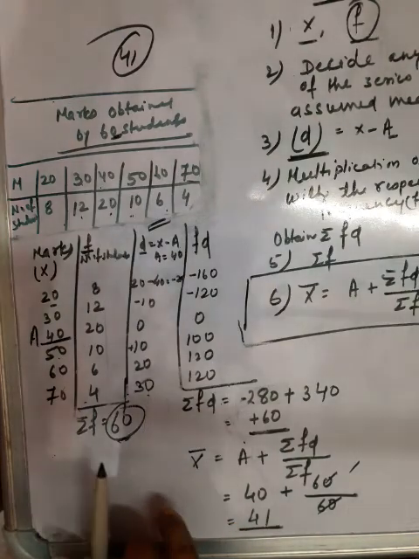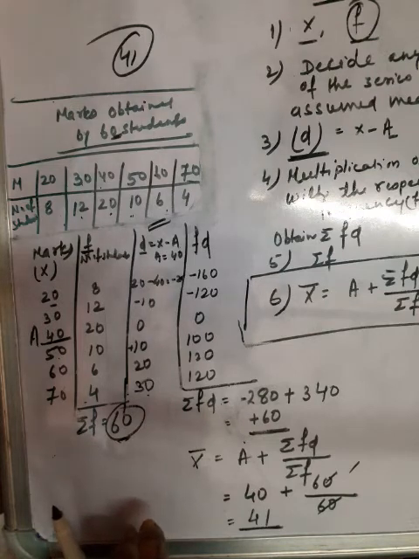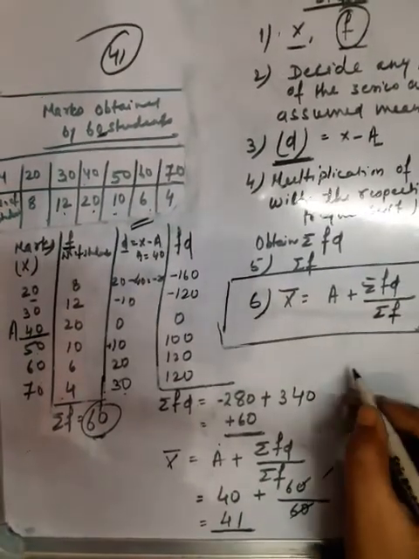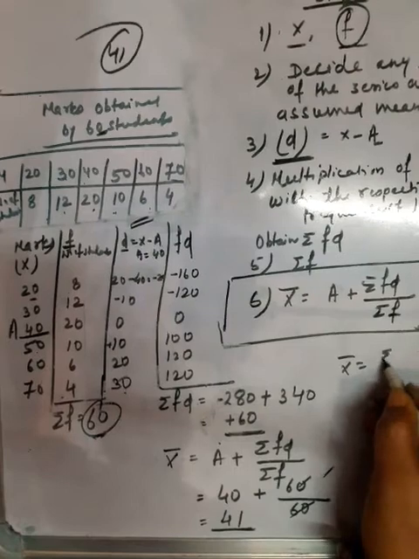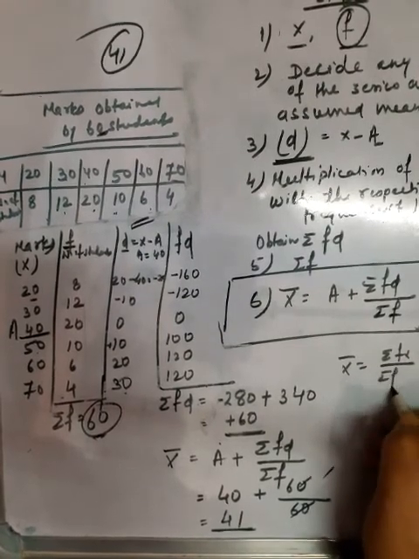So students, I discussed today how to calculate average or arithmetic mean by direct method or by shortcut method. The formula of the direct method is simple, that is, here I am writing over here, summation of fx by summation of f.